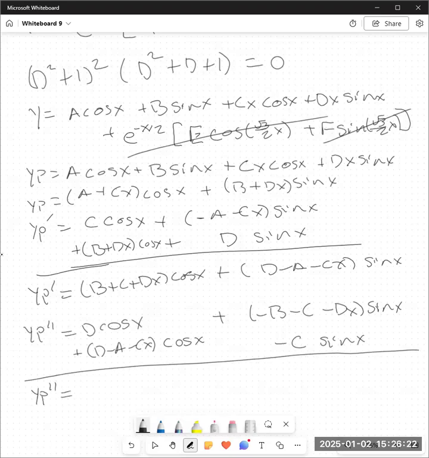So yp double prime is 2D minus A minus Cx cosine of x plus negative B minus 2C minus Dx sine of x.